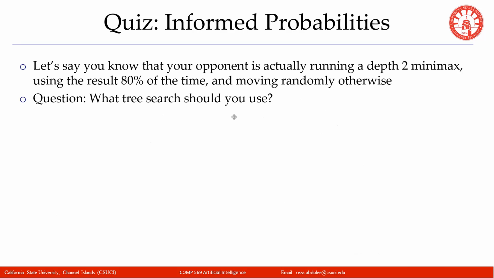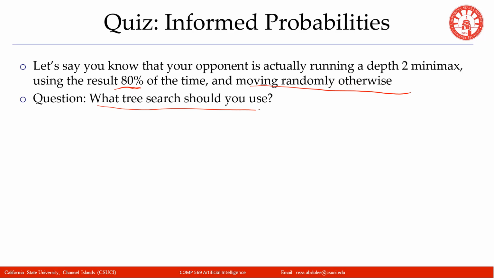All right, so now we are going to have an example for this algorithm. For this example, we are assuming that we are playing against an adversary that 80% of the time plays optimally, but the rest of the time plays kind of randomly. So the question is: what search should you use?